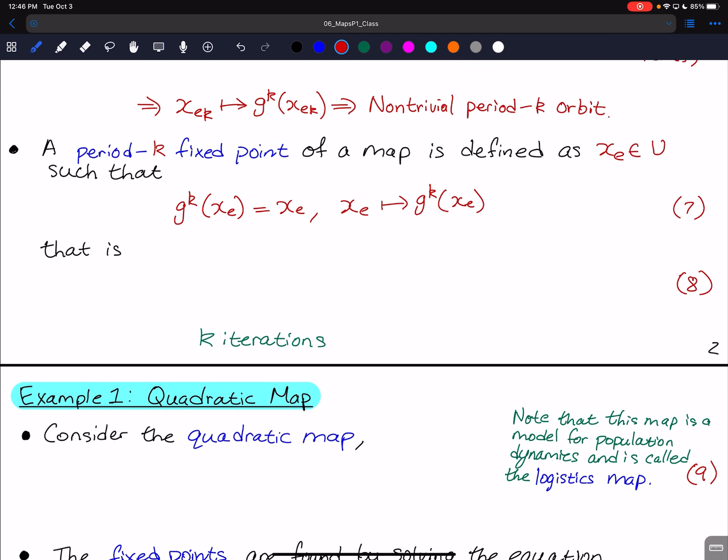And that is here that we have g applied to g applied to dot dot dot g of xe, and that is all equal to xe. And again, this is where we get our k iterations. Okay, any questions before we do an example?